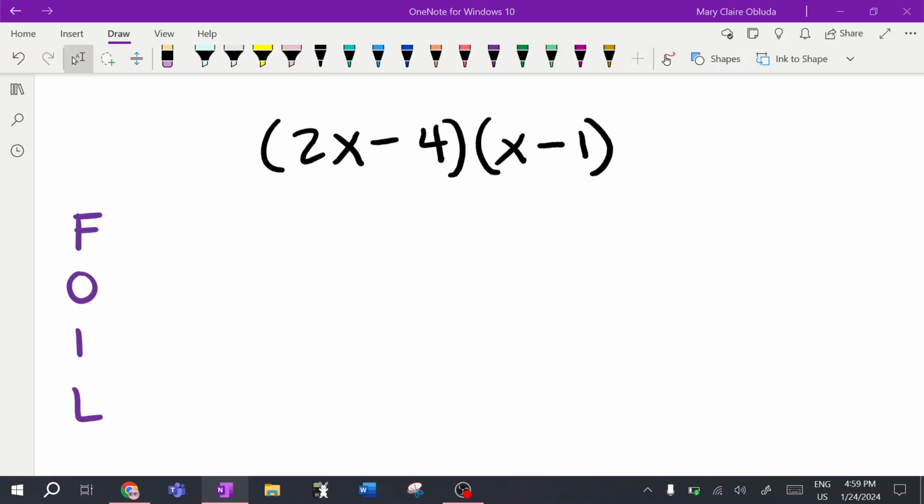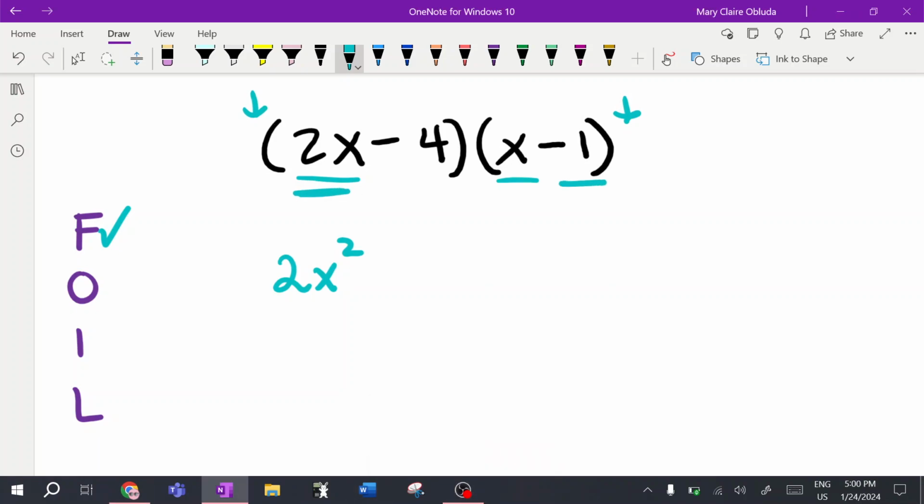So first we're going to do the first terms: 2x and x. So 2x squared. So we got the first terms. Let's get the outer terms. So this would be an outside, so we're going to do 2x times negative 1. Negative 2x. Okay, and now let's do the inner. That would be these two terms here.